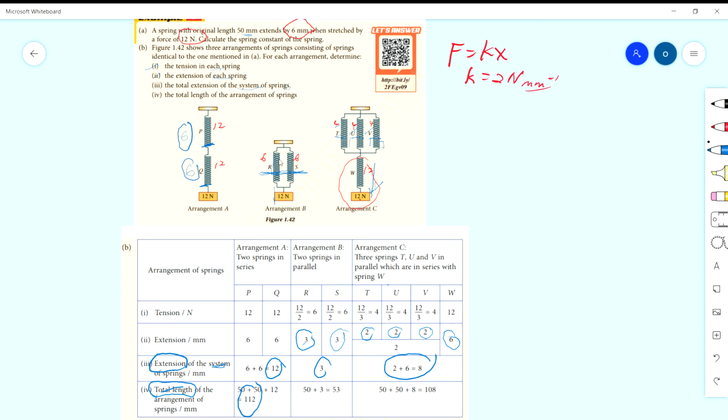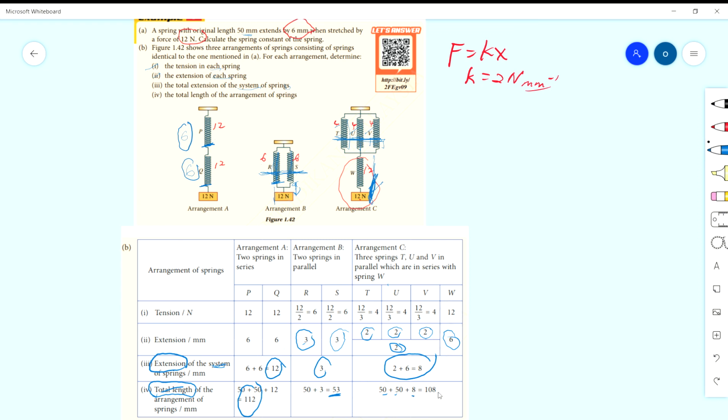For this one it is the same. Its length is 50. Its length is 50. But we cannot add these two because they sit side by side, not cut along the line here. So this is 50, then the extension produced is only 3, so we get 53. The same goes here: 50, 50, 50, but the extension produced is only 2 mm. Then this one alone, 8. So 50 plus 8.